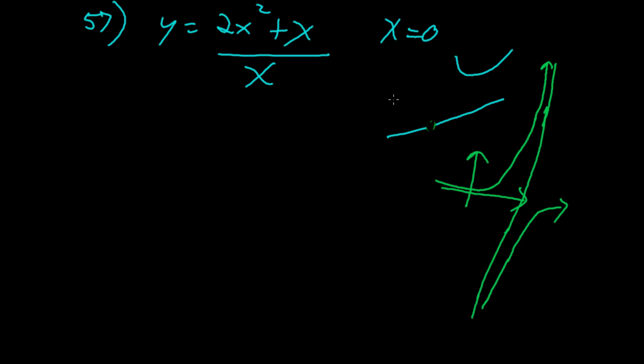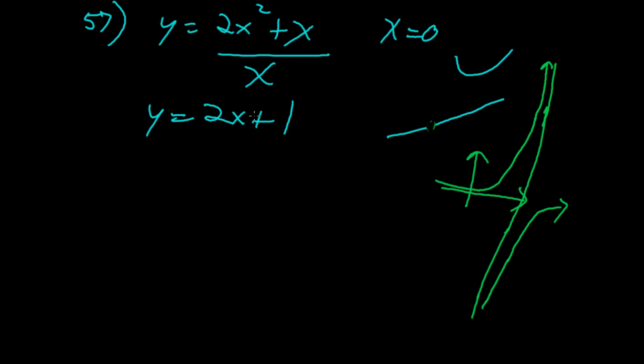To figure out whether it's a hole or an asymptote, we could factor out this x, and whether we can still plug in the variable will tell us. So when we factor out the x, we're left with y equals 2x plus x. And when I say factor out the x, I mean just divide this term by x. Or excuse me, that's not plus x, that's plus 1.